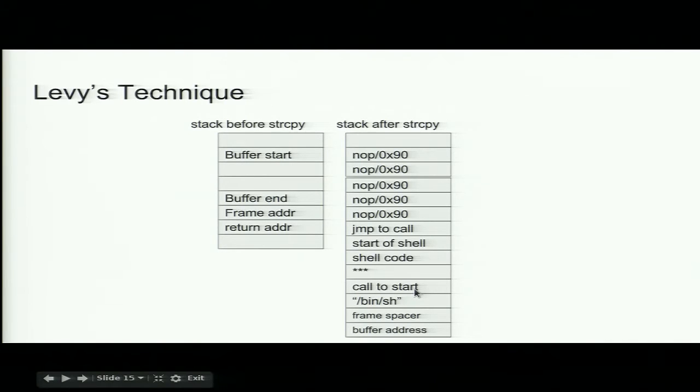That doesn't put anything on the stack, but then he does a call to start to go back up to the start of the shell code. When that happens, this address gets put on the stack. Since it's on the stack, he knows where it is. And then there's like the frame space or the buffer address here, this is like the return address that you want to put in when you come back. That should come up here.